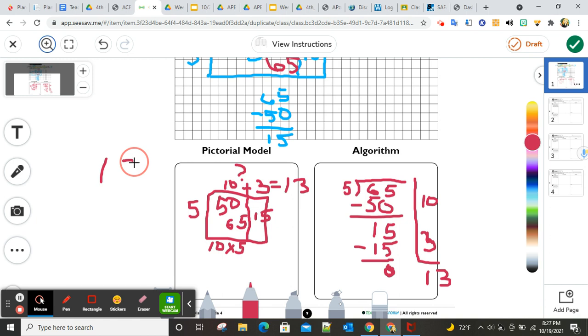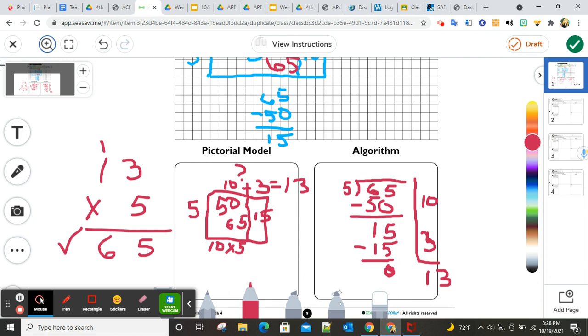So I'm going to try that over here. 13 times 5, and I should get 65. 3 times 5 is 15. I regroup my 1. 1 times 5 is 5, plus 1 is 6. So yay! 65 is my dividend.